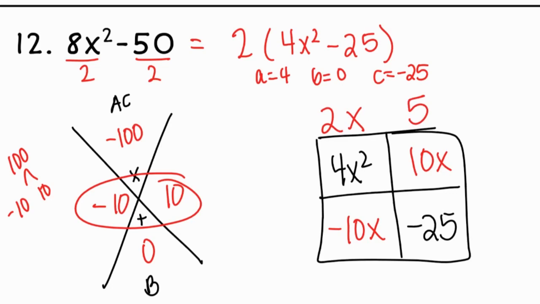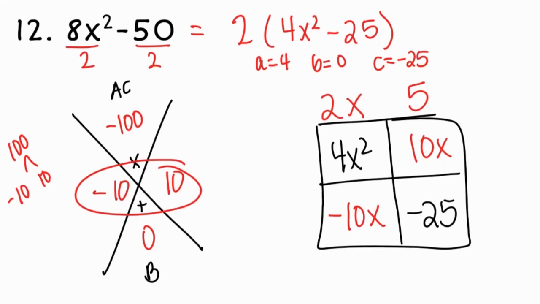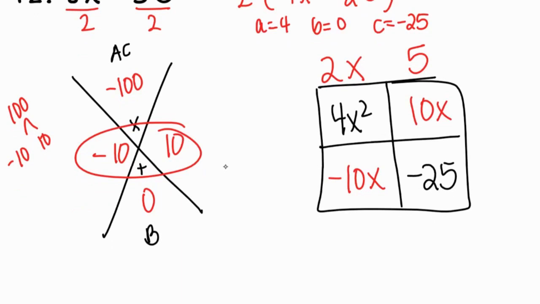So that is their greatest common factor. Now dealing with the rows, the first row, 4x squared and positive 10x. Again, these have a 2x in common. And then negative 10x and negative 25, these have a negative 5 in common.